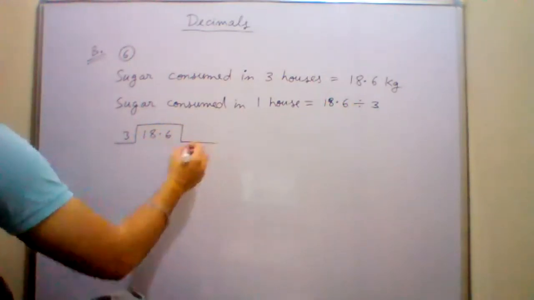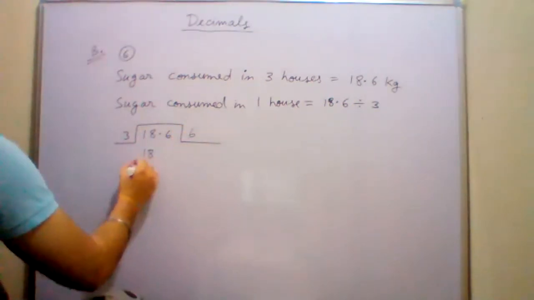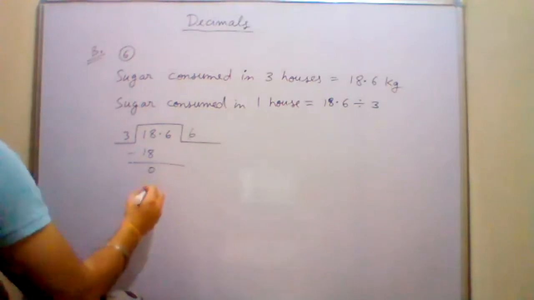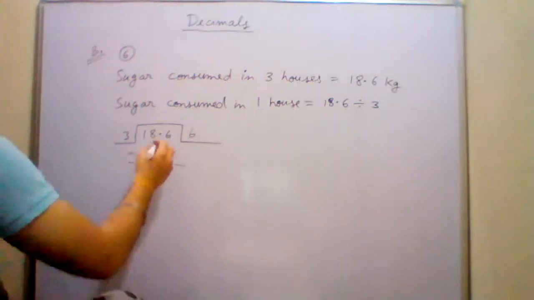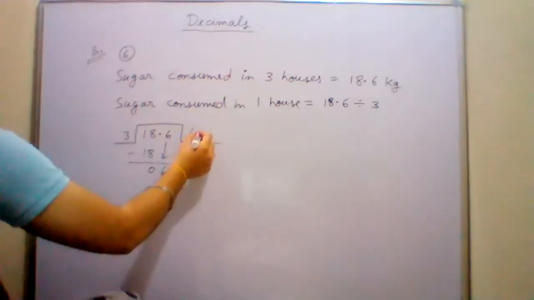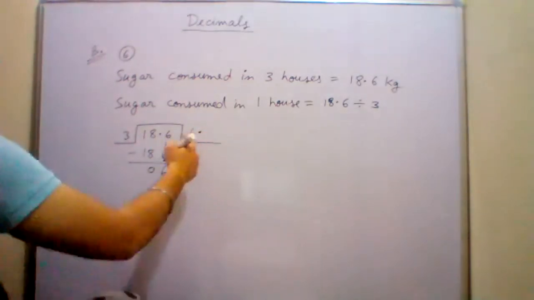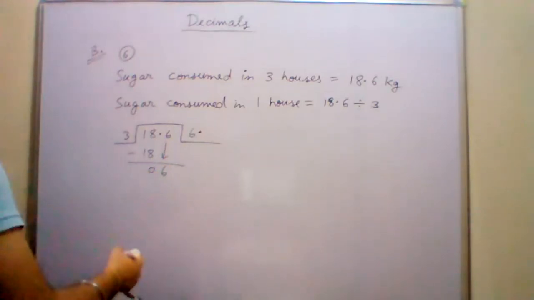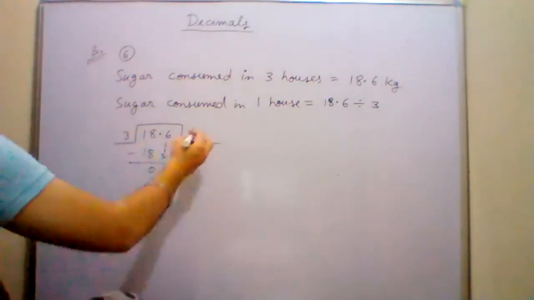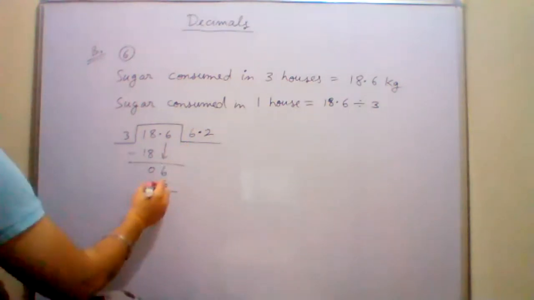18.6 divided by 3. 6s are 18. Remainder is 0. Now you will copy the first digit after decimal, and you will insert a decimal in the quotient also. So now it is 6. 6 divided by 3 is 2. 3 twos are 6.